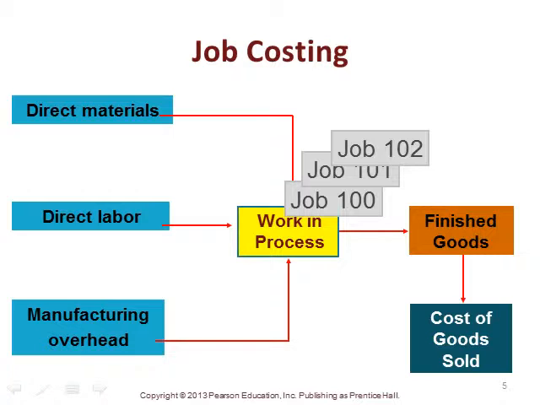And so for each job, those individual costs are accumulated and aggregated in a job cost system to tell us the total cost associated with job 100 or 101 or 102. And then when we complete each of those jobs, those total costs are moved into finished goods, as we said earlier. And then when we sell the product, they're moved out of finished goods, which is a balance sheet account, into cost of goods sold.